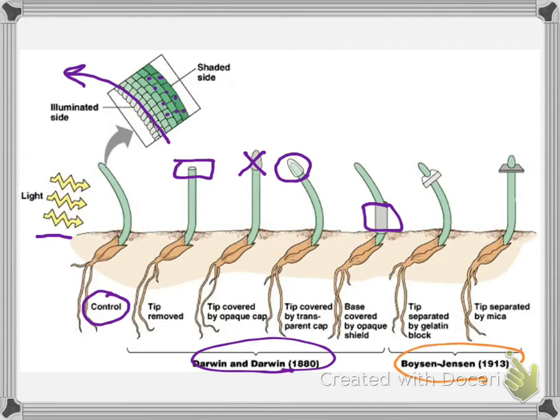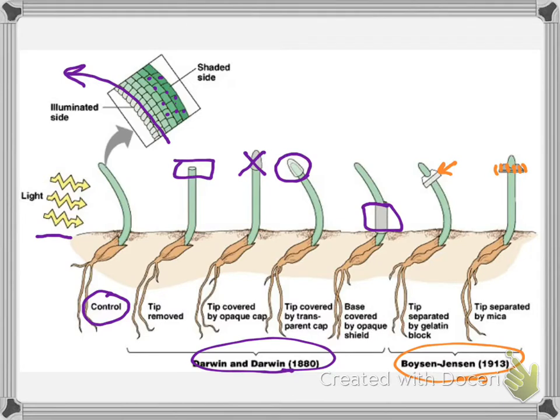So in the next experiment, we're going to see that when the tip is removed and then a gelatin block is placed between that and the shoot, you're going to see a very different response if the gelatin block is permeable versus if it is not permeable.